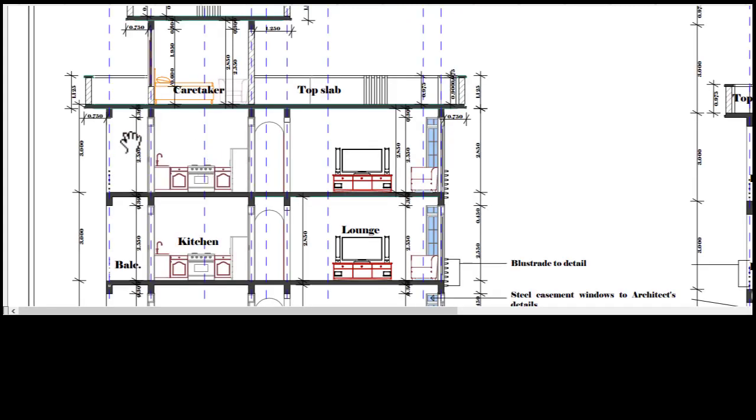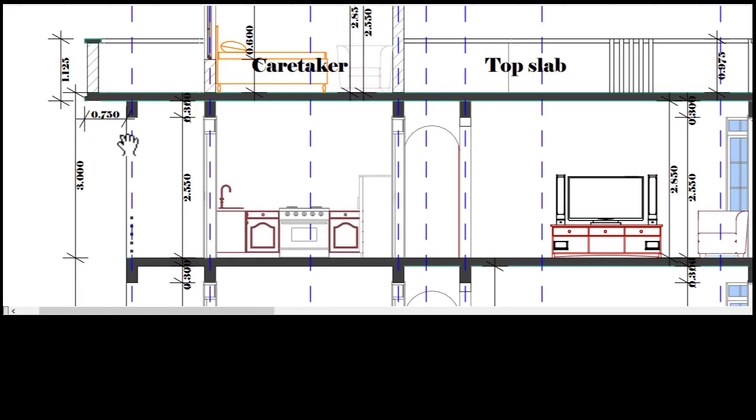If I get to this section again just to confirm, you can notice that the 750 is from the external face of the wall, not from the center, as the structural plan has indicated. So from the structural plan, we'll need to add the 0.1 so that we get to the external face of the wall, and then we add another 750 to get that extension beyond the wall. So for instance, this is 9.2.